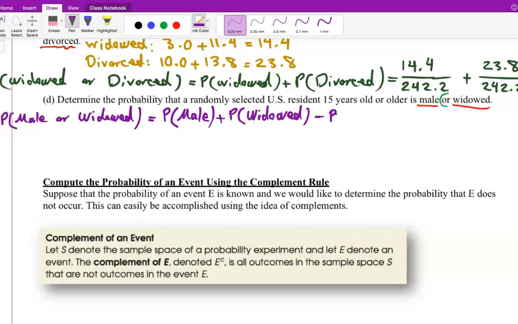So subtract the intersection between these two. Once again, when we have intersection, there is and in between. When we have union, it's or in between. So here we have and. And number of outcomes was 242.2 for all of these.